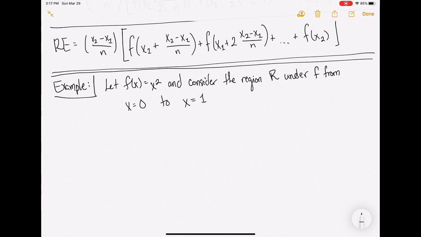And sometimes they'll say this as the interval 0 to 1. You'll see either version. There's our interval notation coming back.